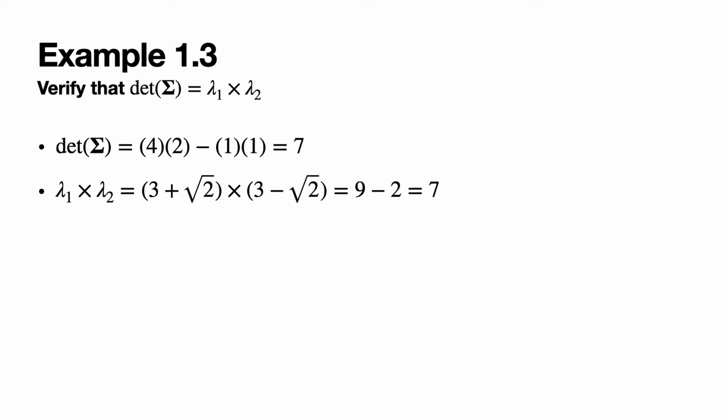The product of the characteristic roots is 3 plus the square root of 2 times the quantity 3 minus the square root of 2. That turns out to be 9 minus 2, which is 7. And so again, the property is verified. And you can imagine that as we get up into higher dimensional matrices, it's going to be much easier to calculate the determinant using this kind of a property than it would using the definition.